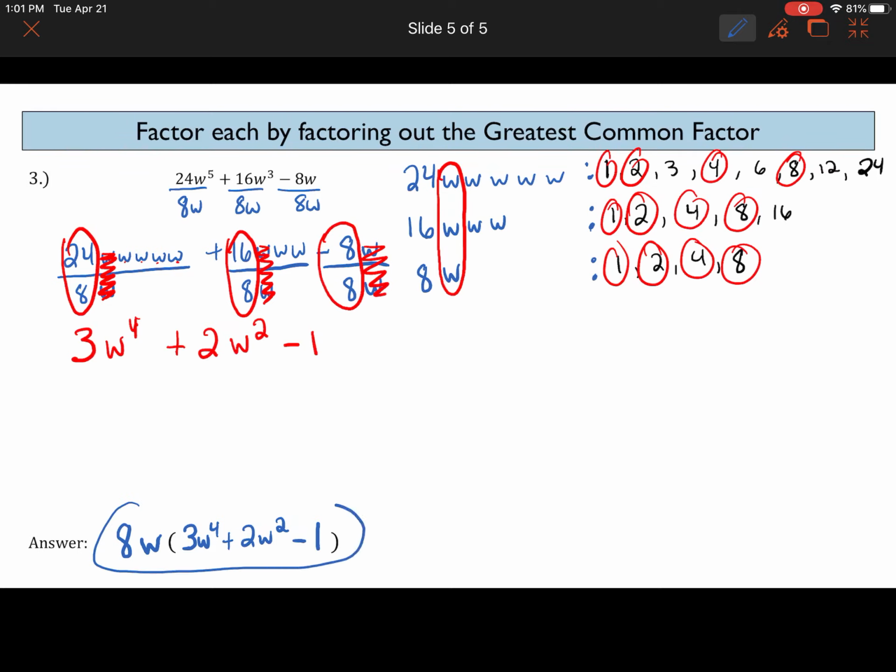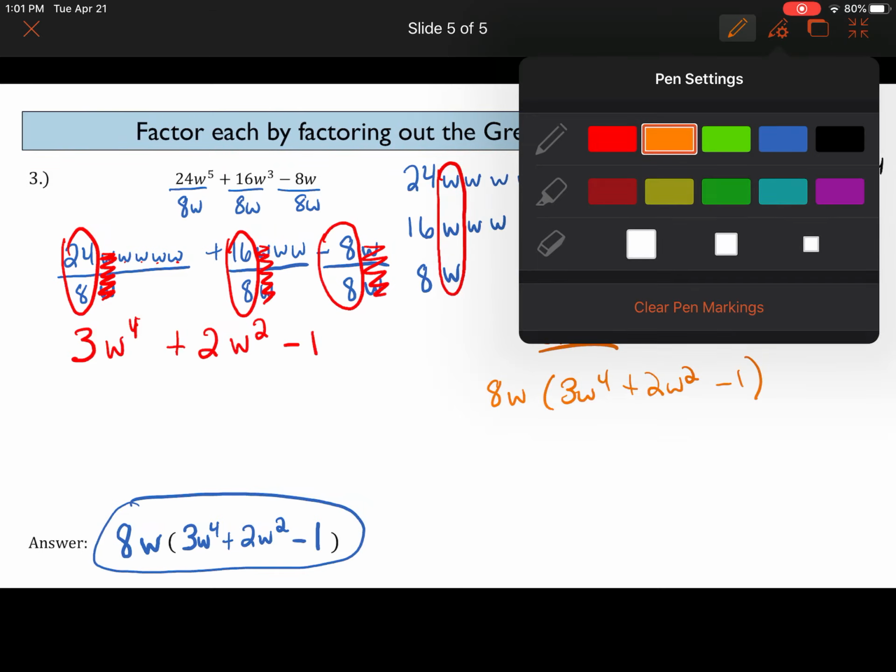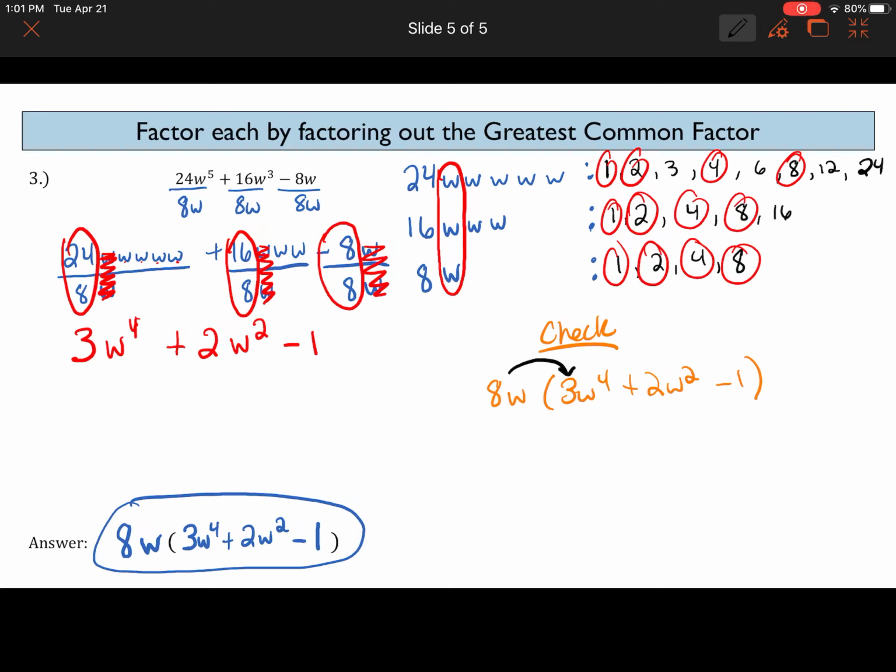Okay, so here's my answer. Now again, we'll do the check. If you would like to make sure it's correct, I have 8W times 3W to the 4th plus 2W squared minus 1. And I multiply. 8 times 3 gives me 24. W times W to the 4th is W to the 5th.